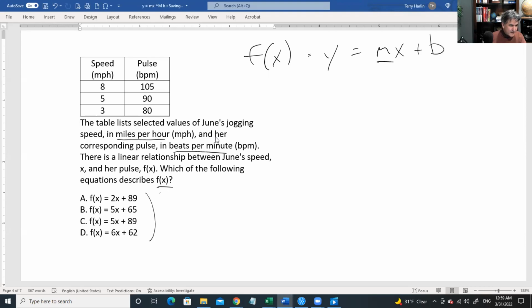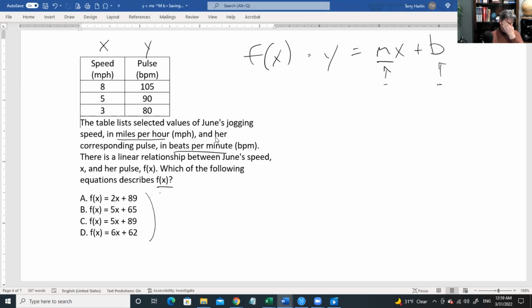In other words, M and B ultimately have to be our constants. In other words, it's a single number that works for this equation. So when you have multiple rates, then that's not going to be the M or the B. That's going to be the X and the Y. Okay. And there's a linear relationship between June's speed X and her pulse.